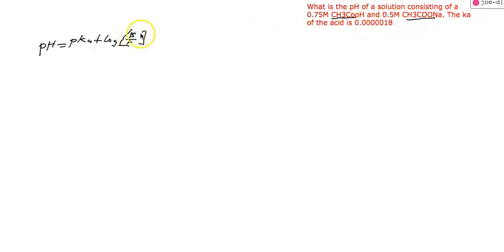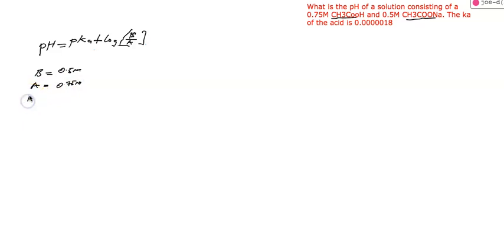So let's look at what we know. We know B, which is the base, to be 0.5 mole. We also know the acid A to be 0.75 mole. Now, what don't we know?